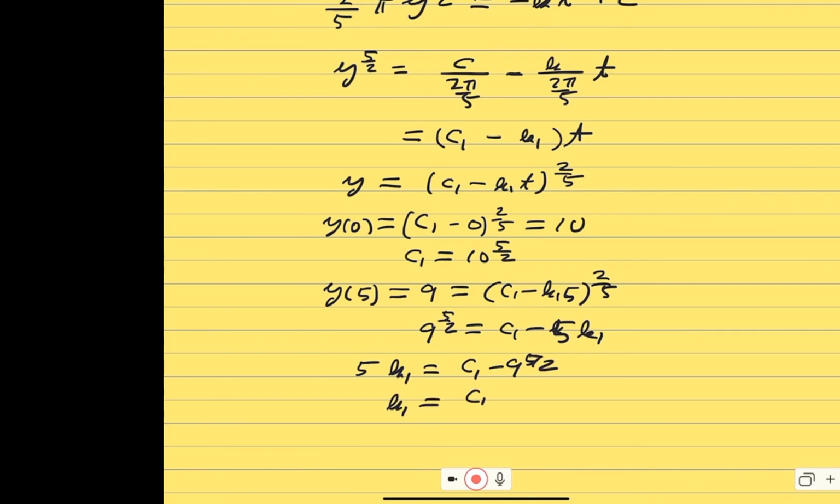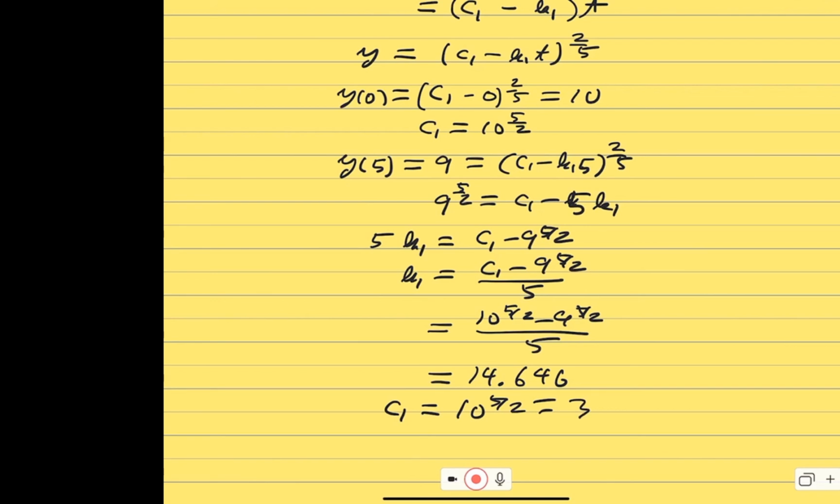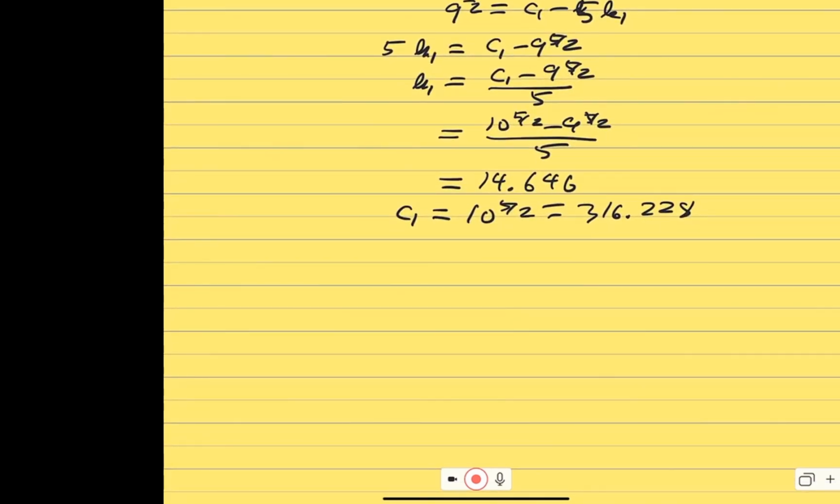So K1 is C1 minus 9 to the 5/2 over 5, which is 10 to the 5/2 minus 9 to the 5/2 over 5, which turns out to be 14.646, and our C1, which was 10 to the 5/2, is 316.228.